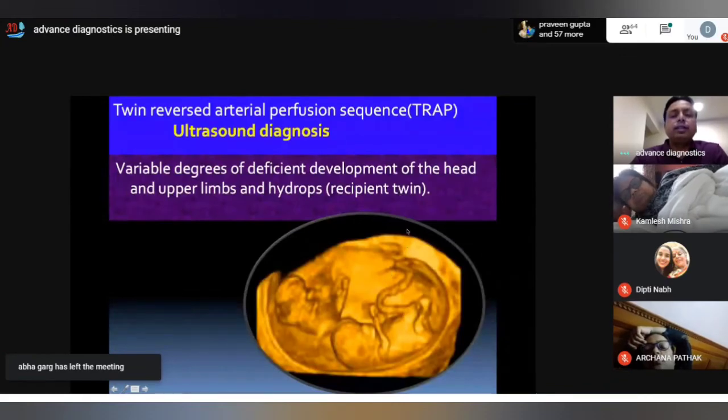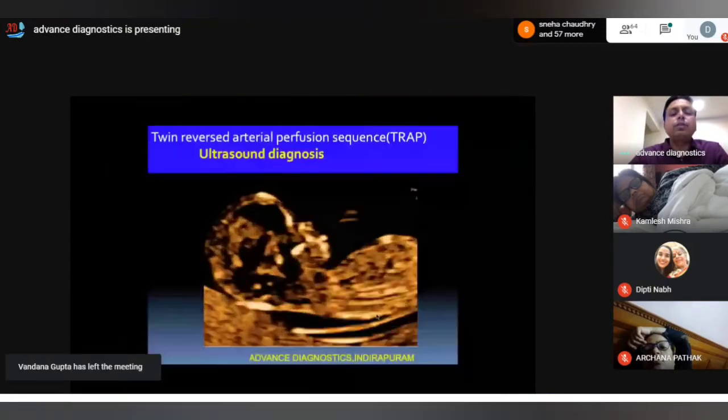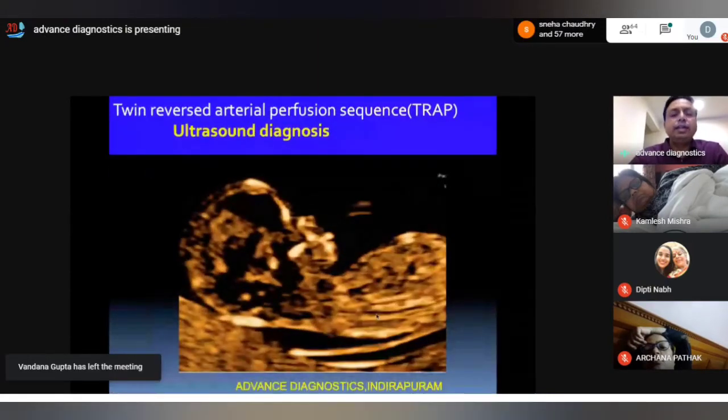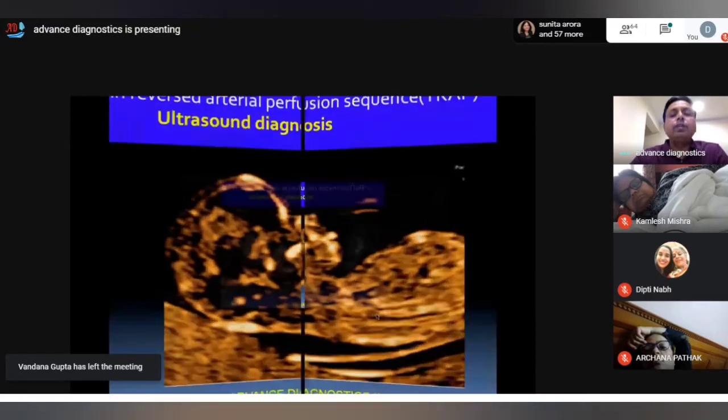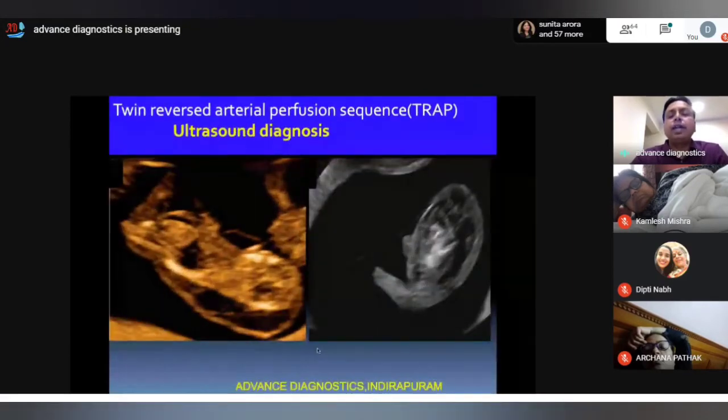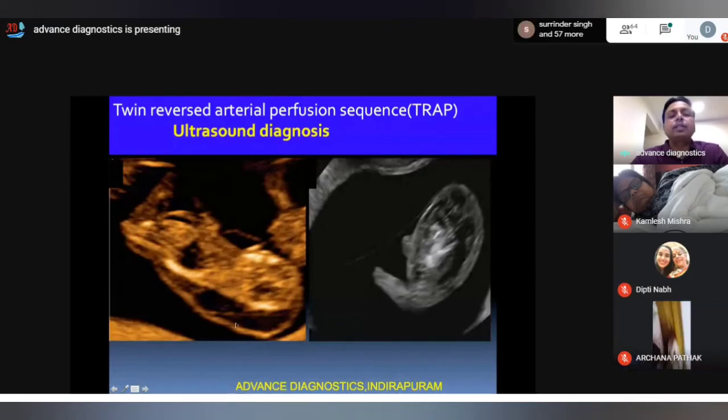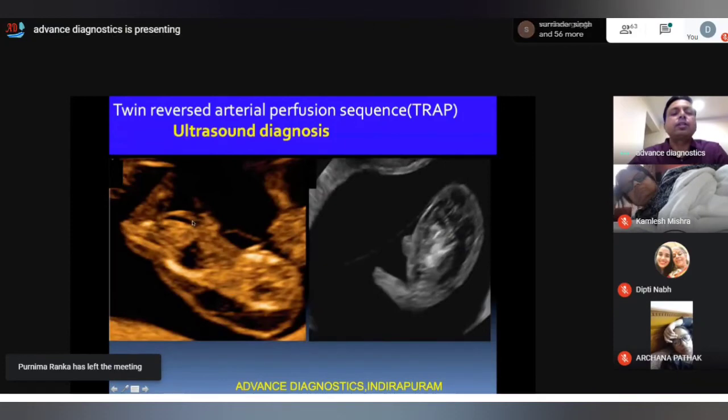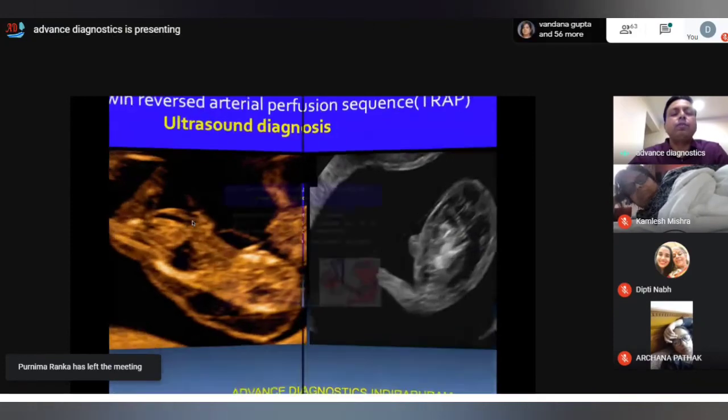Like in this case, if you see increased NT with another acardiac twin, then slowly we will see cystic hygroma and all the changes of hydrops.